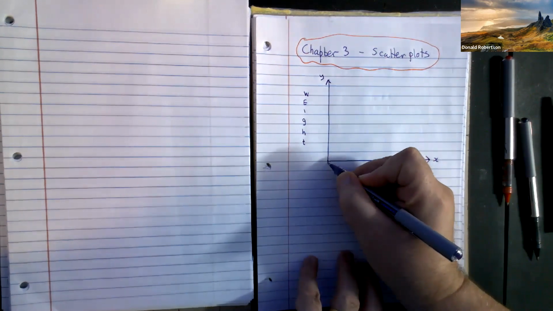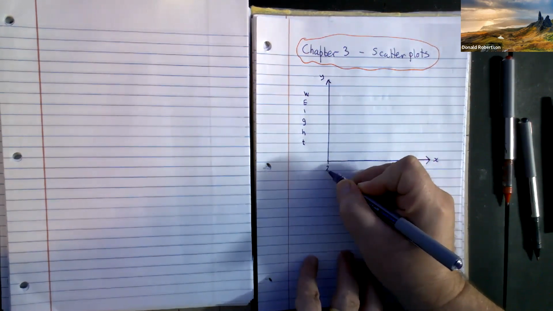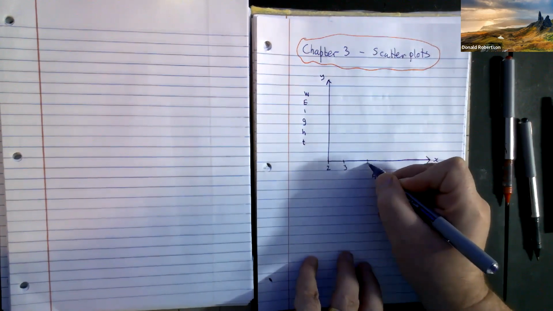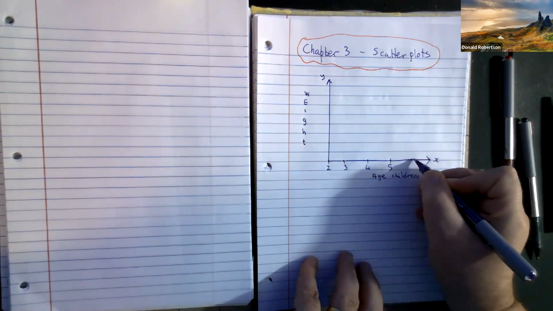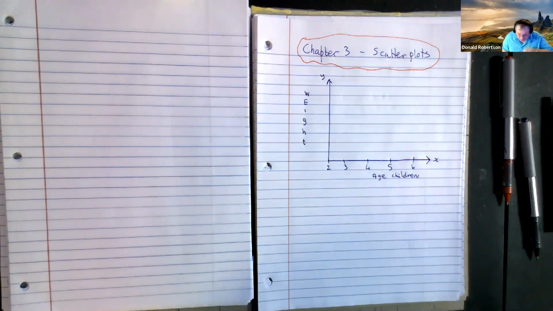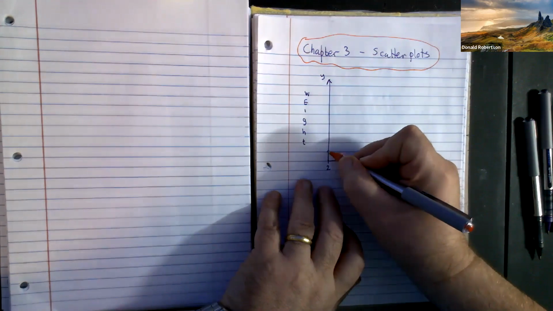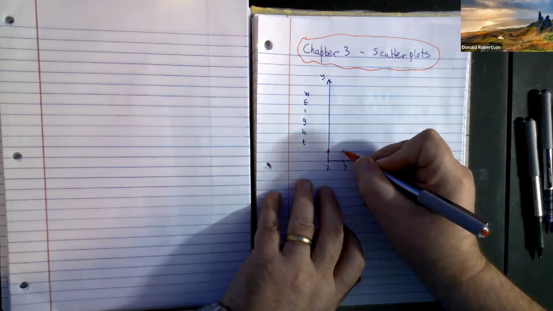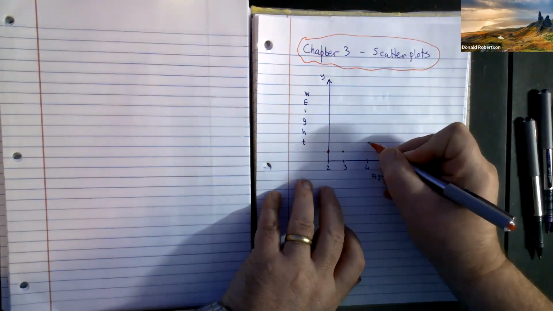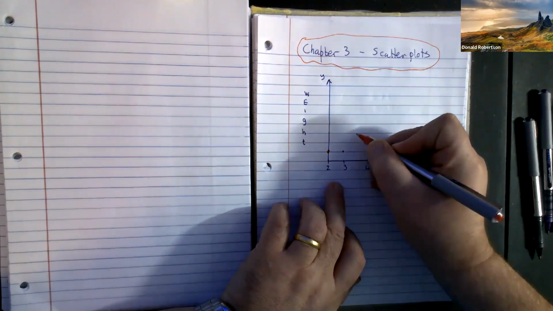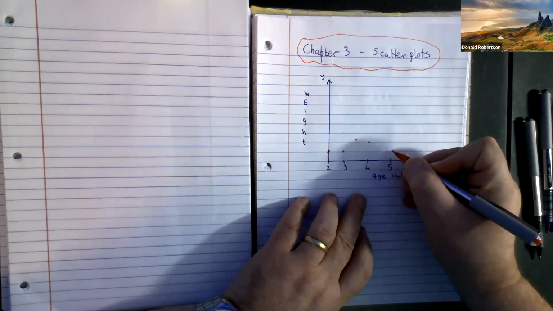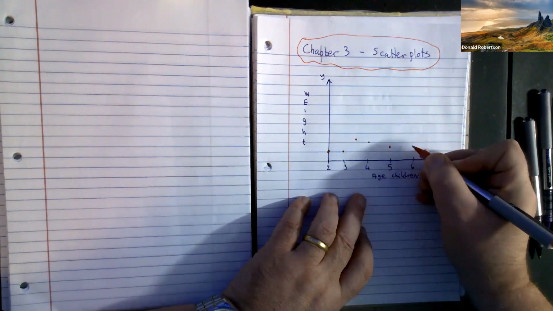So let's suppose that we start at 2-year-olds and we go 3-year-olds, 4-year-olds, 5-year-olds and 6-year-olds. So we're really talking quite young children, right? And you find a 2-year-old and you find the weight of that 2-year-old and you do it. And then you find a 3-year-old and a 4-year-old. And if you're 3.5, we'll do you as well. And if you're almost 5, we'll do you.